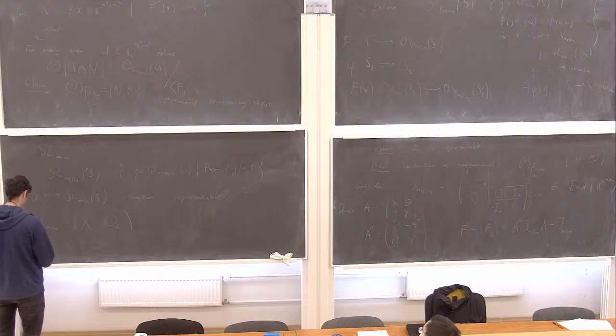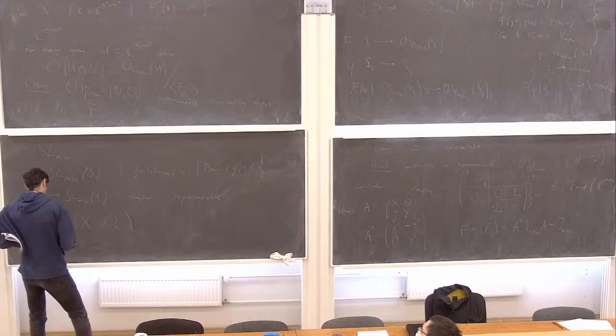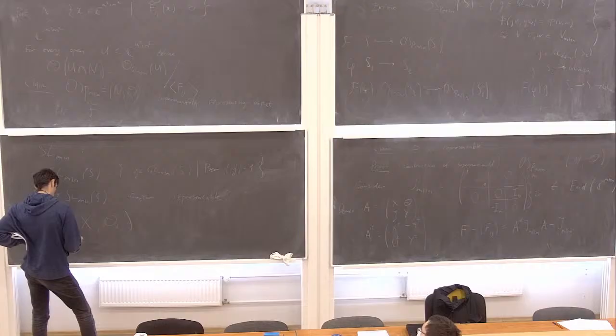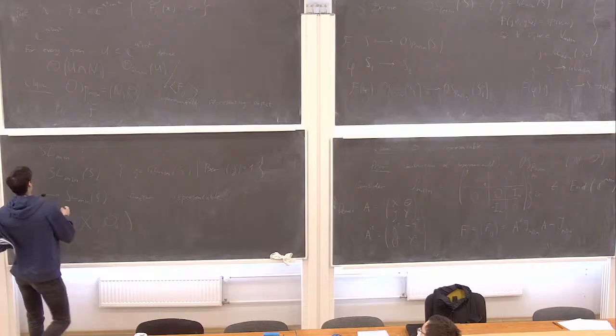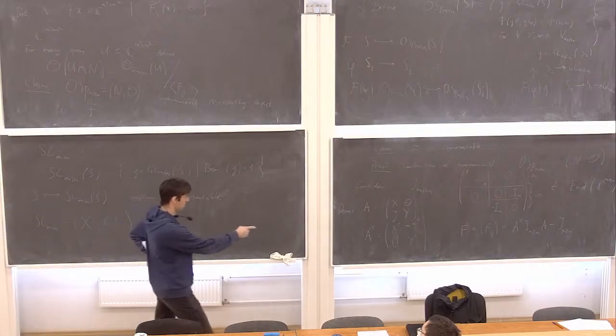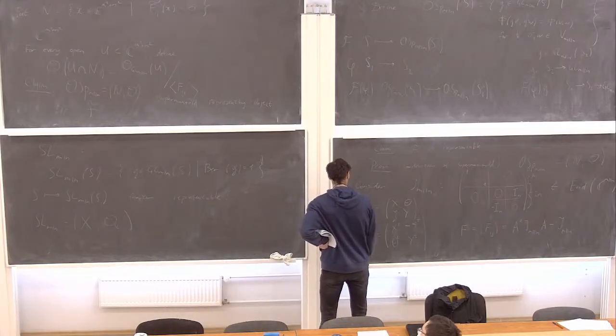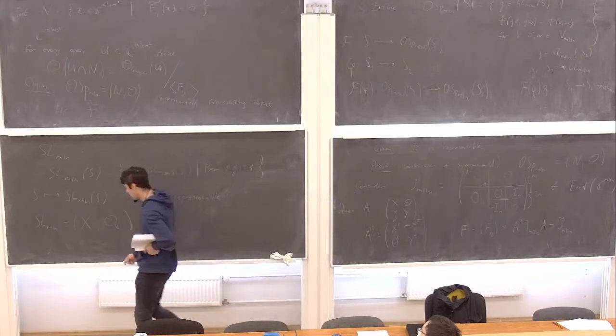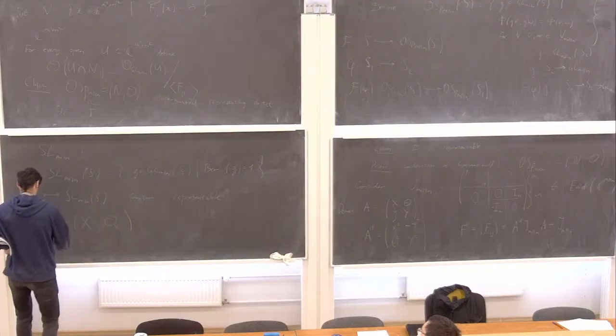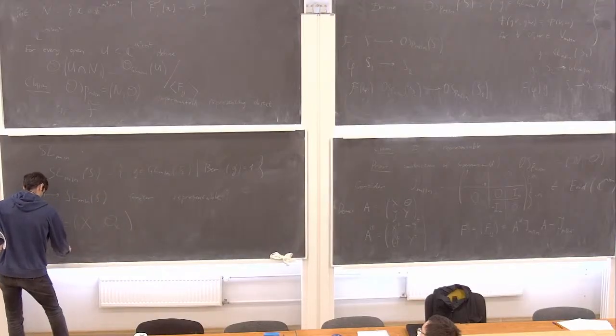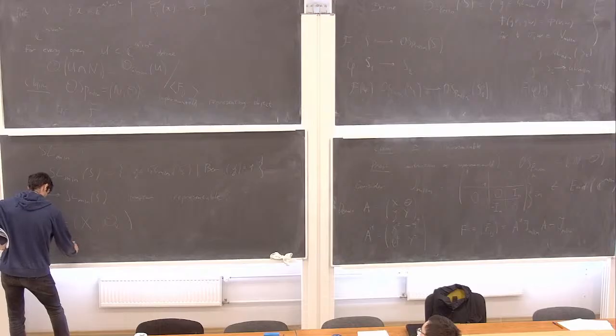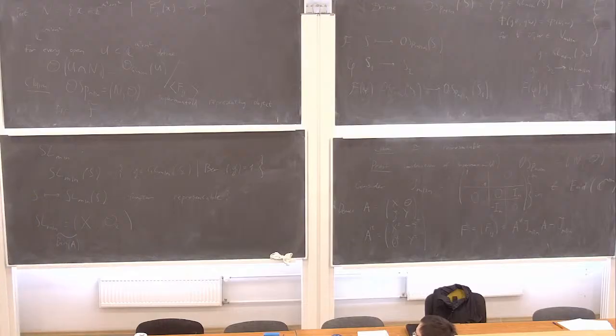Let me see. So I have Berezinian, right? And I have my matrix A, this one. So I can consider Berezinian of A and take tilde of it. This is a function.